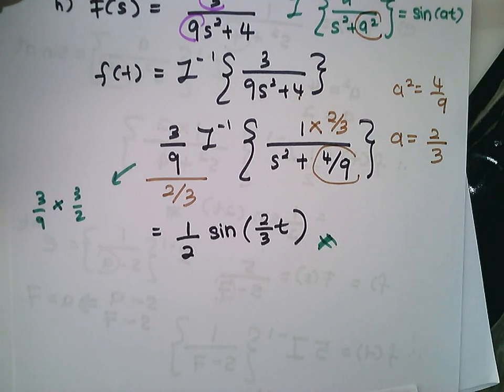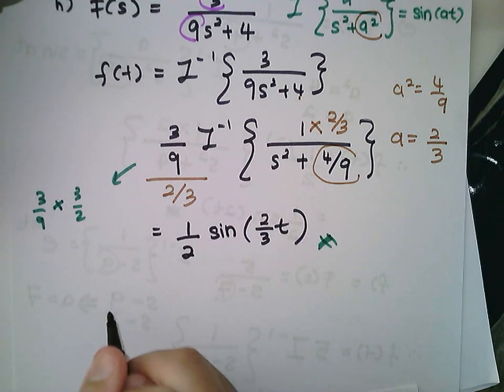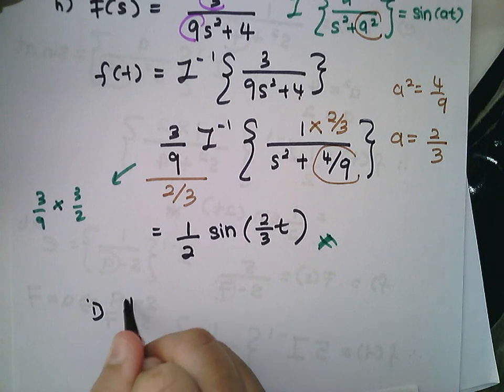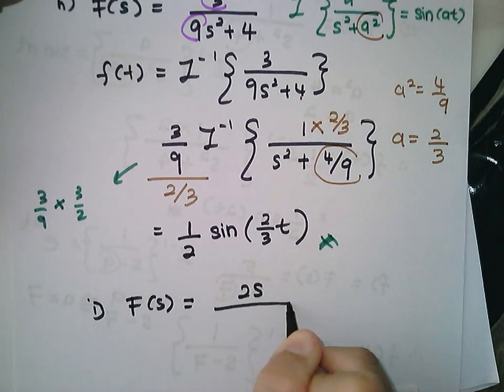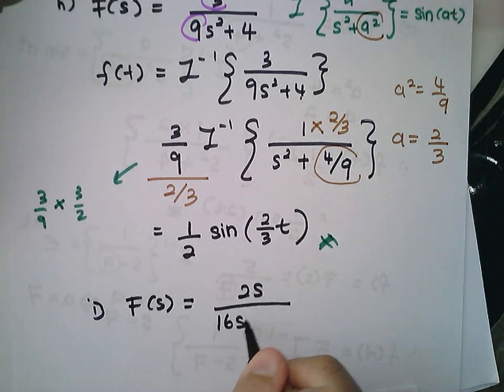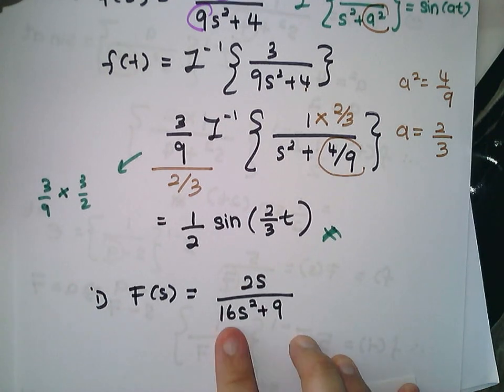So the next one is, if your F(s) is equal to 2s over 16s squared plus 9. By looking at this one, you can guess this is a cosine function. The inverse of this one is a cosine function. Why?